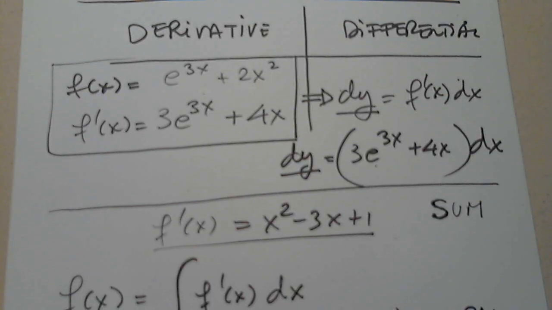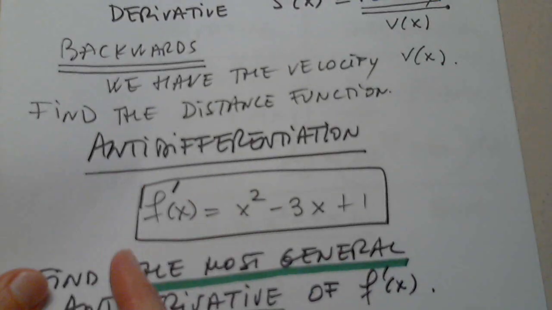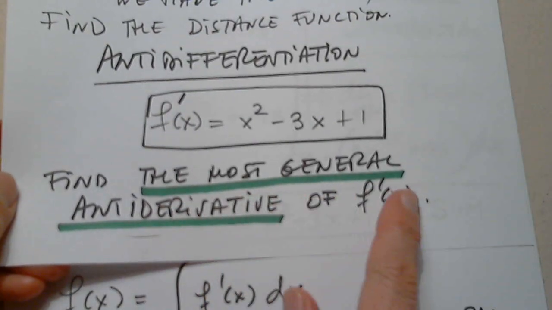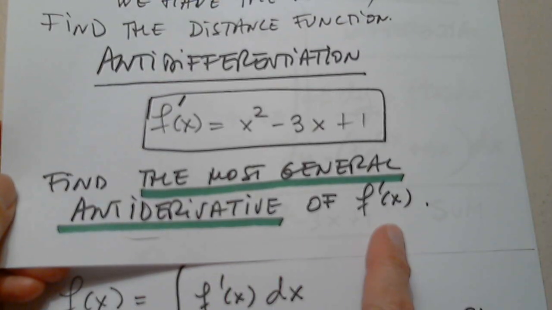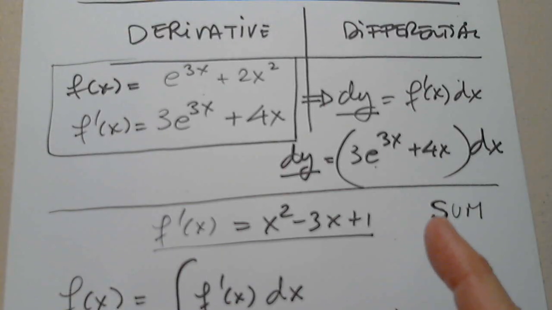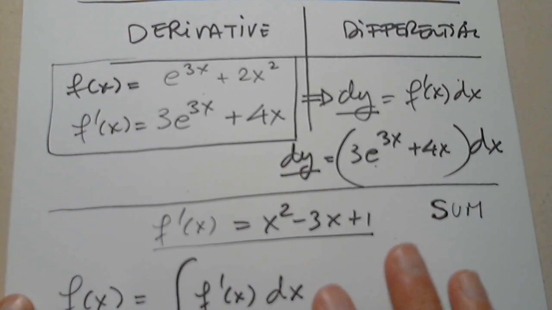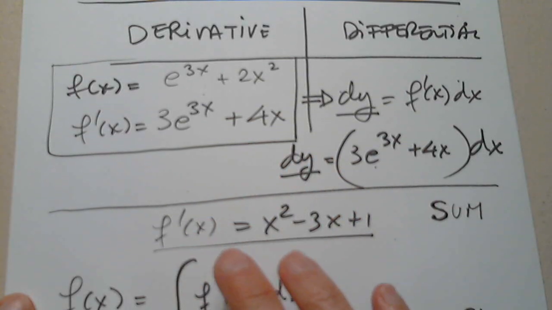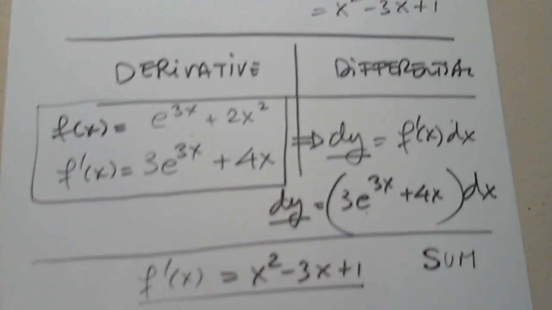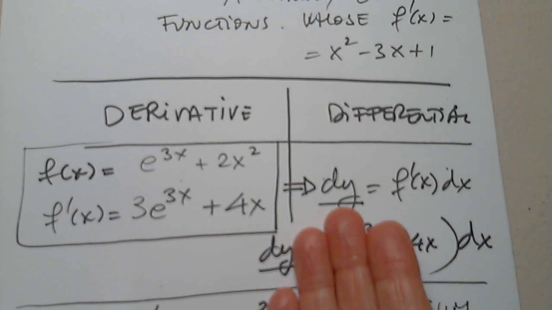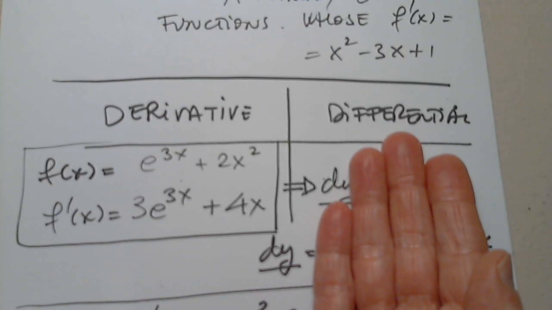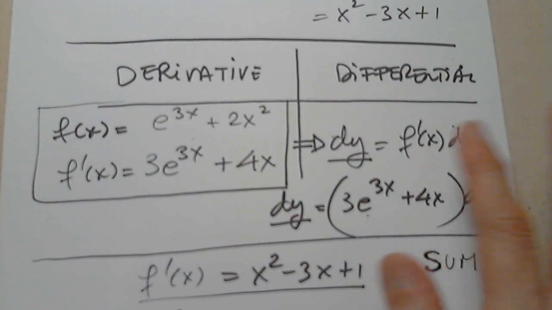Exactly the same thing. It will give us the most general antiderivative of the function we started with. It's just that we are using a sophisticated, if you want, symbol, which is the indefinite integral of dy, of the differential, which is f prime of x dx.